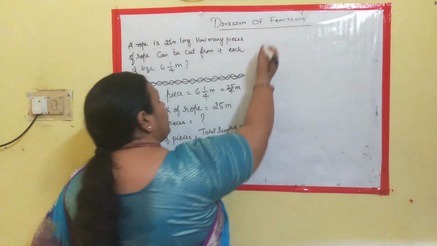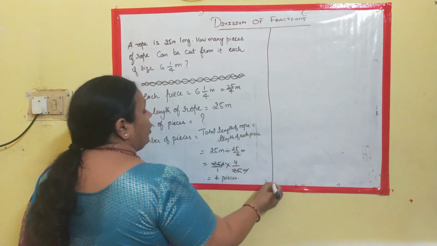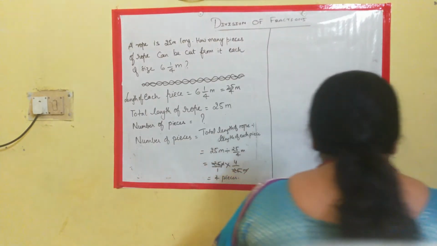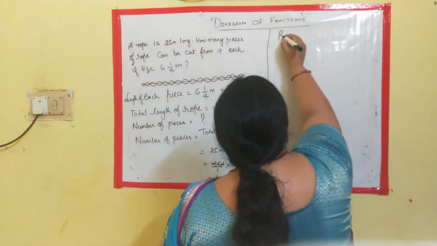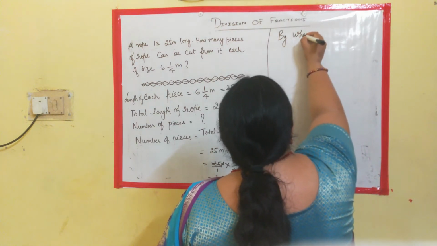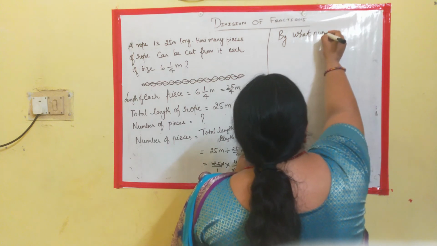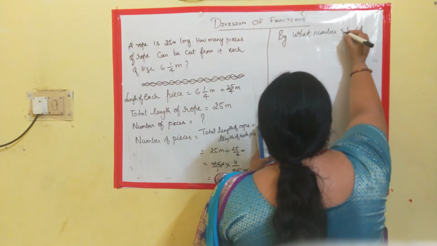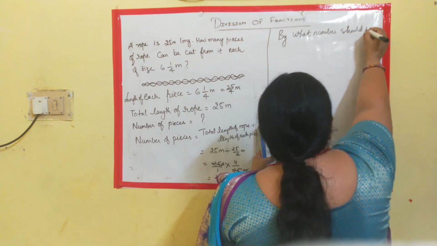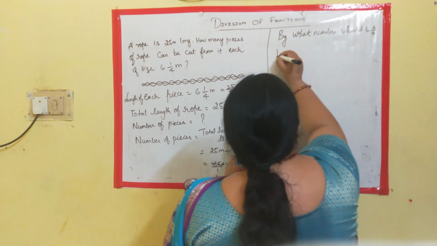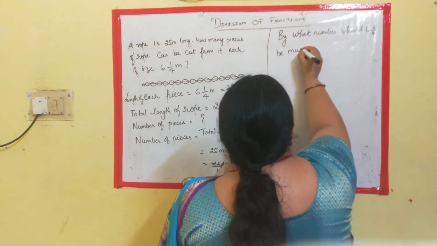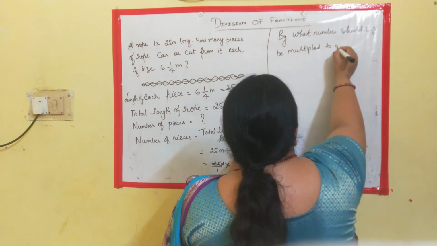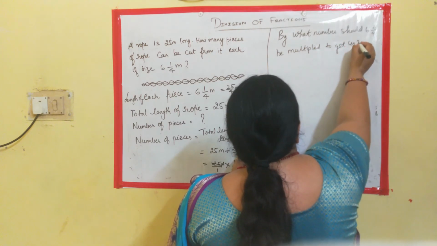Now coming to our next example, where we will be finding out by what number should 6 2 by 9 be multiplied to get 40.